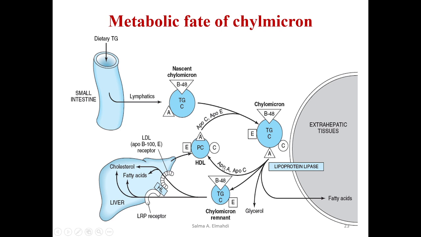ApoA and C will be returned to the HDL. This chylomicron remnant is taken up by the liver by 2 types of receptor, as we said, the LDL receptor, which uses ApoB100 and E as cofactors, and the LDL receptor-related protein, LRP, to release fatty acid and cholesterol in the liver.